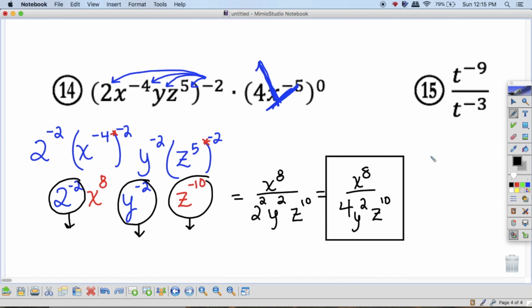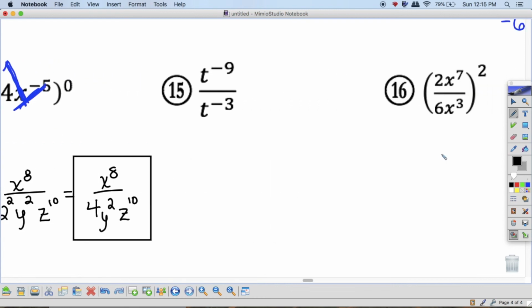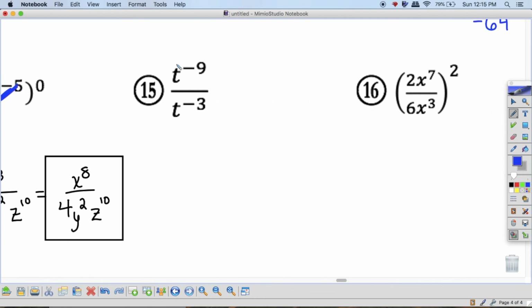Okay, let's look at number 15. There's 2 ways you could do this. One way is I could just take negative exponents, move them across the line, change the sign. So this t to the negative 3rd would be a t to the positive 3rd on the top.